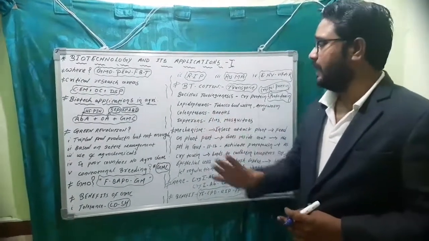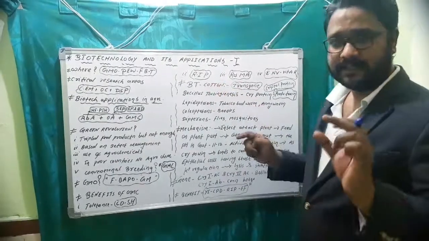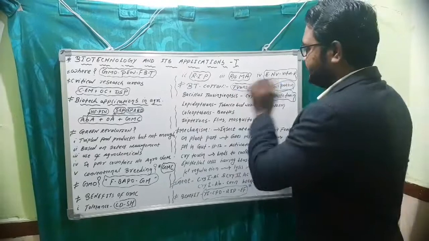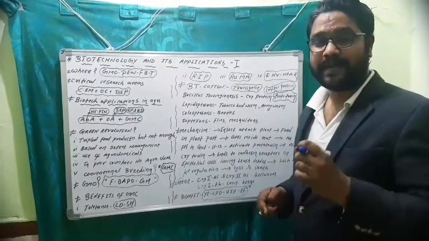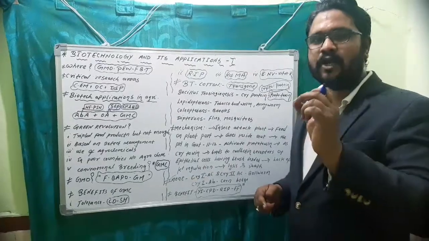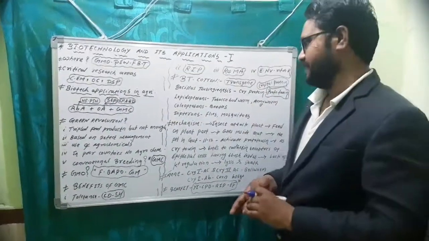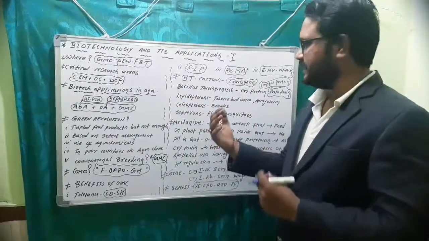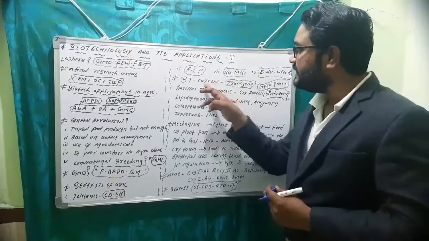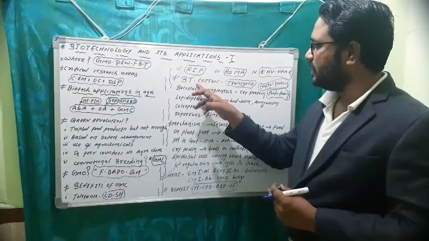Now we understood that this is BT cotton, and it has a transgene. That's why it is a transgenic plant. Transgenic plant means such a plant variety which has got a gene transfer from a foreign species. So here the foreign species from which we have brought the gene and transferred into the genetic system of cotton is Bacillus thuringiensis.